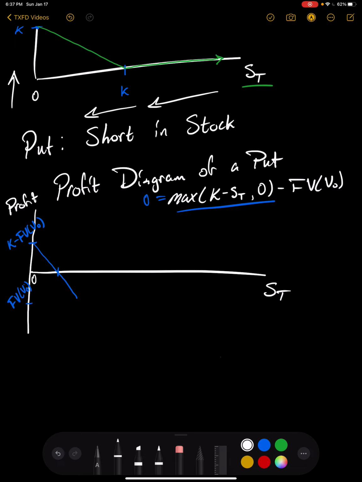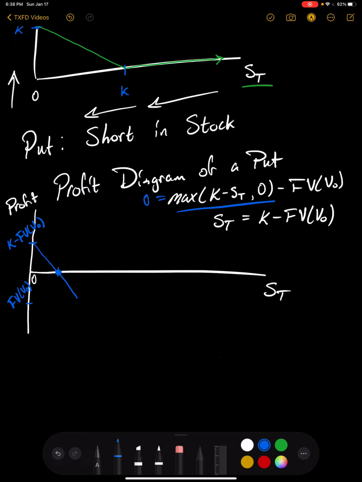So the stock price is going to be equal to the strike price minus the future value of the initial cost. You do a little bit of algebra on this function when it's equal to 0, and you get that the stock price at time t has to be equal to the strike price minus the future value of the initial cost for our profit to be 0. That's for this point right here.